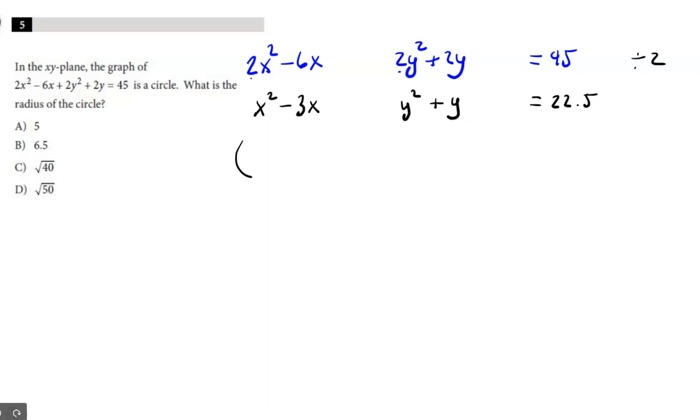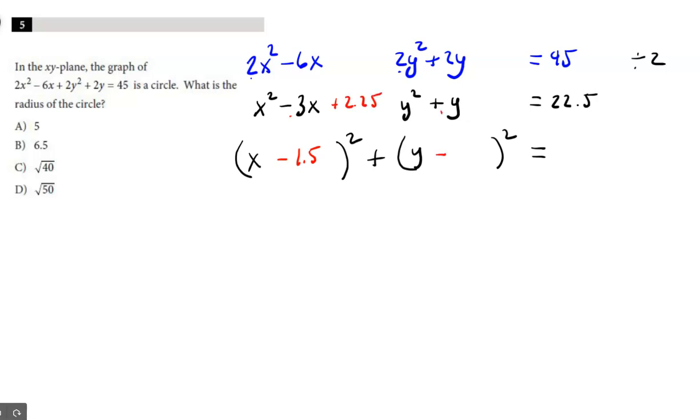And now we're going to complete the square. We should be in pretty good shape to do this. I'm going to do my standard move where I chop this number in half, and then I square it, and negative 1.5 times itself is 2.25.